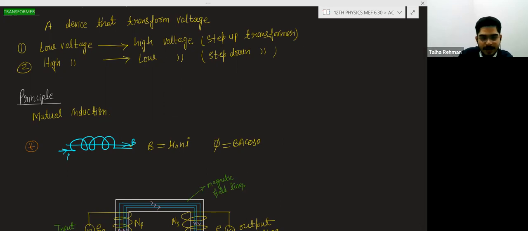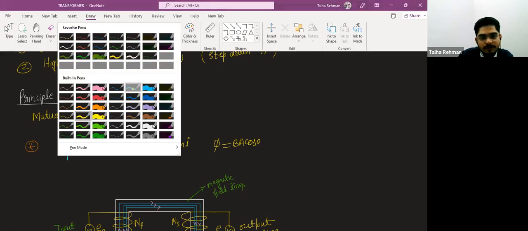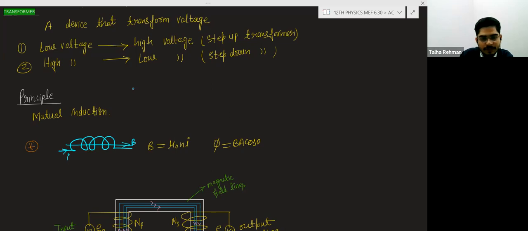I have told you one more thing about the solenoid. If there is current I in the solenoid, then the magnetic field inside the solenoid is B equal to mu naught n I. Mu naught is the permeability of free space, n is the number of turns per unit length of the solenoid, and I is the current flowing in the solenoid.